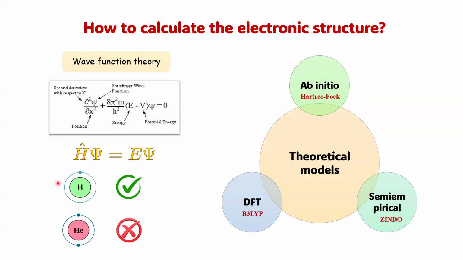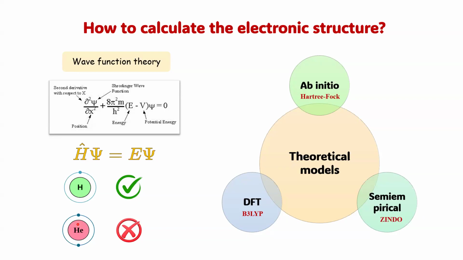But it is very difficult to solve the Schrödinger equation for a multi-electron system, like helium, lithium, or anything. For a simple multi-electron system, I'm going with helium. There are 2 electrons there, so it is very difficult to solve the Schrödinger equation for helium. Why? Because in a multi-electron system, we need to solve the Schrödinger equation for each electronic part.